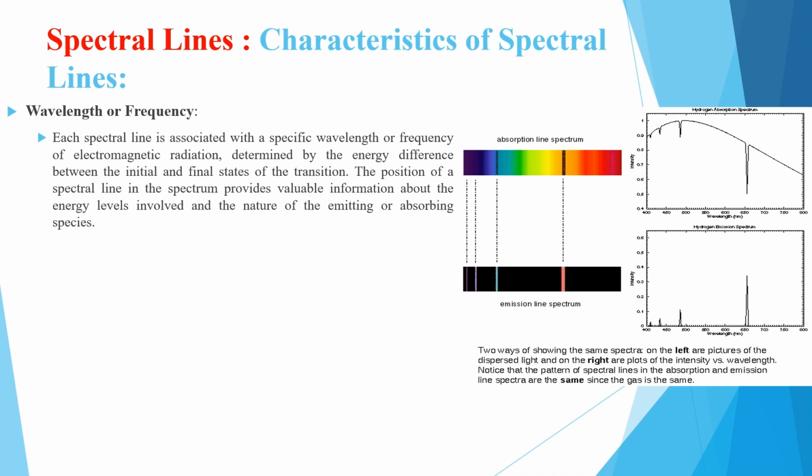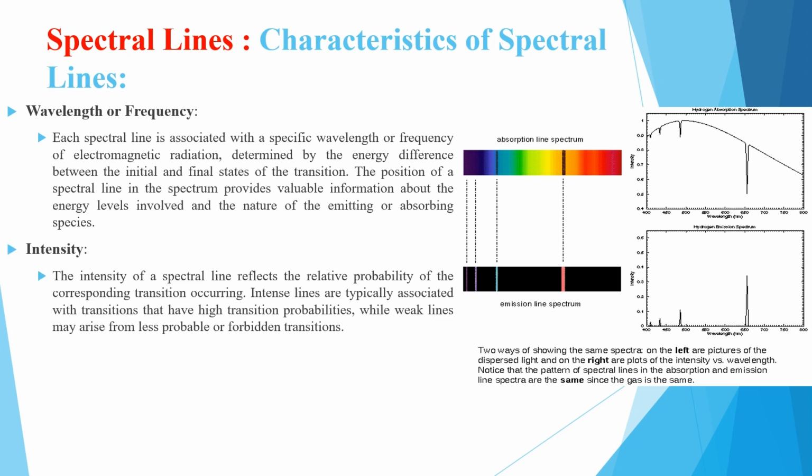The position of a spectral line in the spectrum provides valuable information about the energy levels involved and the nature of the emitting or absorbing species. Another characteristic is intensity. The intensity of a spectral line reflects the relative probability of the corresponding transition occurring.